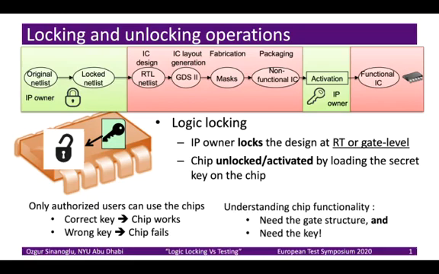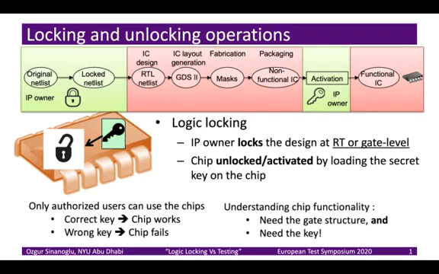The other form of protection is against reverse engineering. To understand the functionality of the chip, you need to see the gate structure of the chip. And reverse engineering efforts have been shown to be successful in getting from gate structure to the functionality of the chip. But with logic locking in place, some of the functionality depends also on the values of the key.